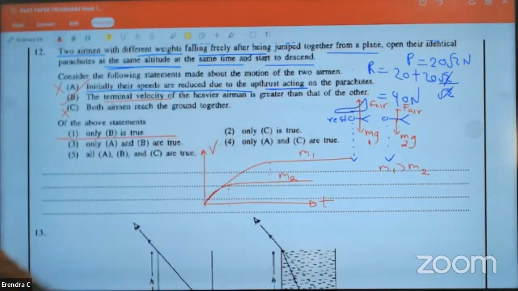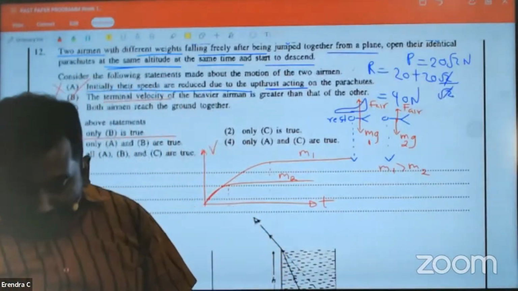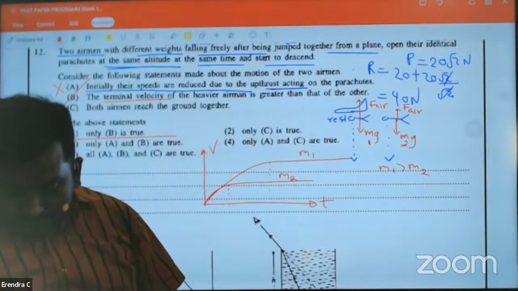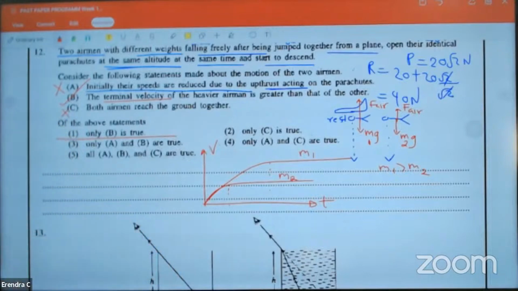Only B is correct. The heavier man has a larger terminal velocity.